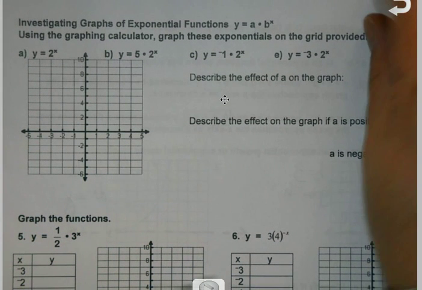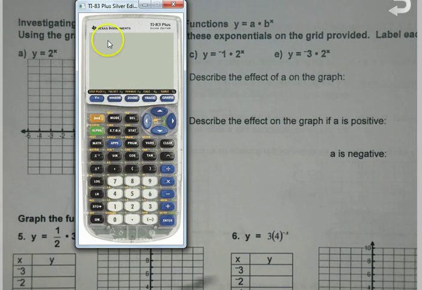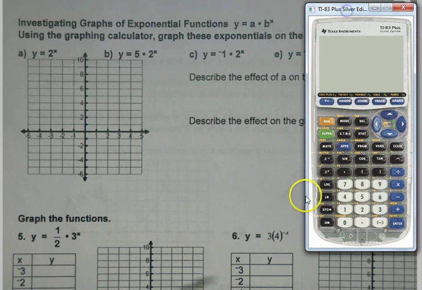Okay. We're going to take a peek on the graphing calculator at what happens when our a value starts to change. So I'm going to pop this up. Probably not a bad idea for you to do the same, just so you can get used to playing with this a bit. All right, 2 to the x.